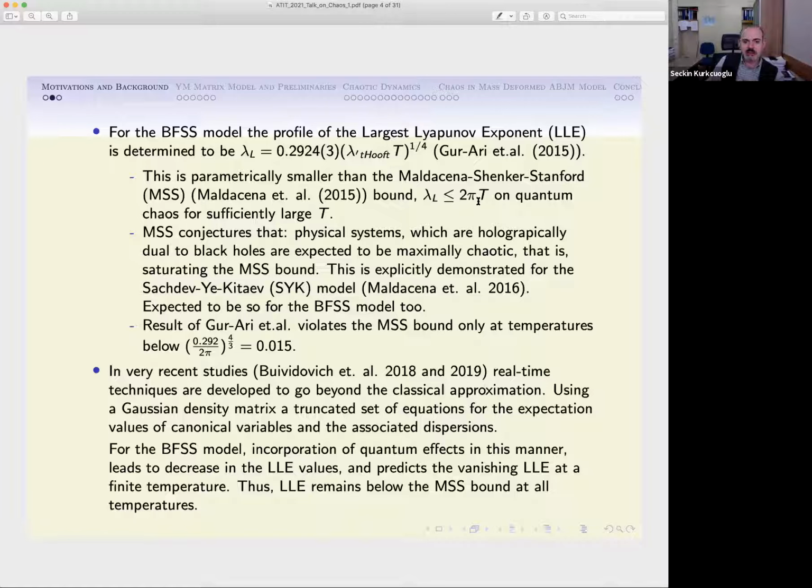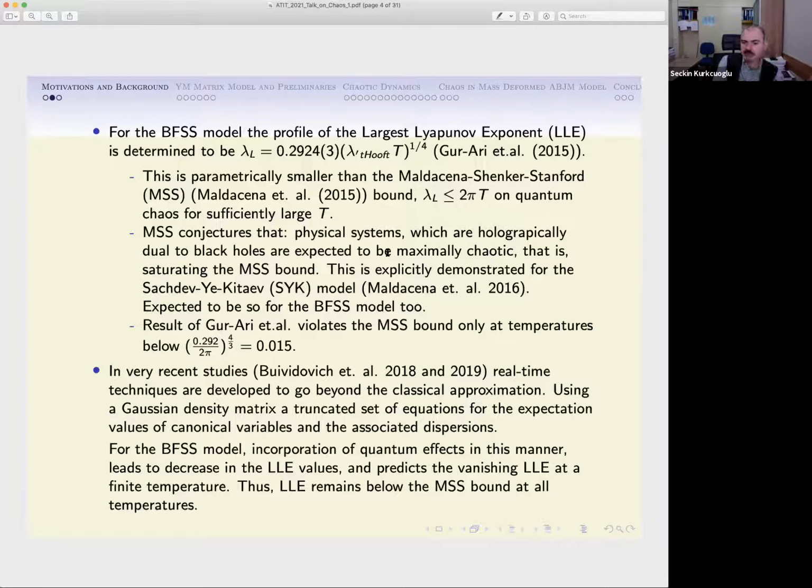So in order to make such a statement, you have to have some theory which has some sort of holographic dual in gravity. And it turns out that there's another paper by Maldacena that this fermionic matrix model, which is called the Sachdev-Kitaev model, is actually saturating this Maldacena-Shenker-Stanford bound.